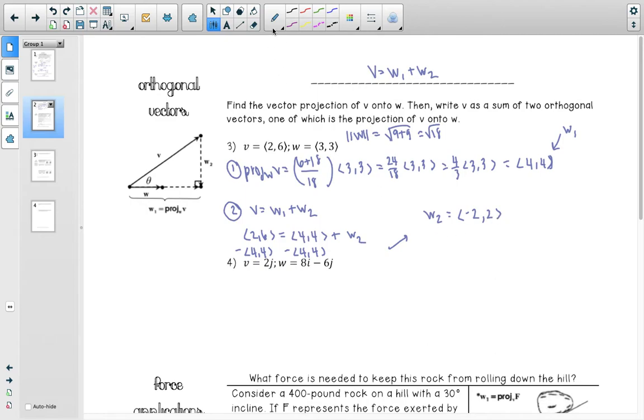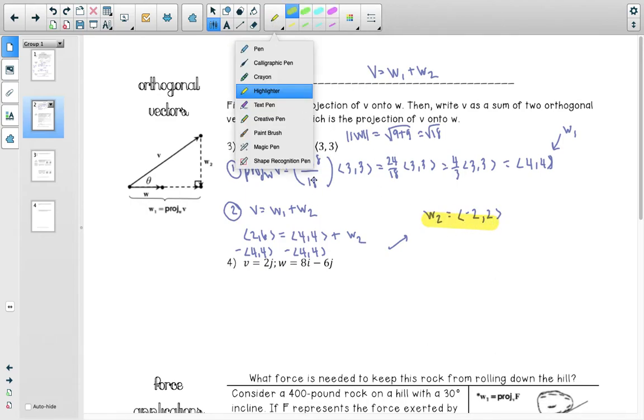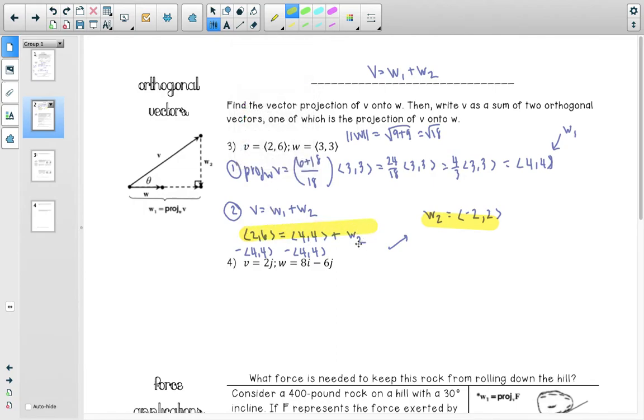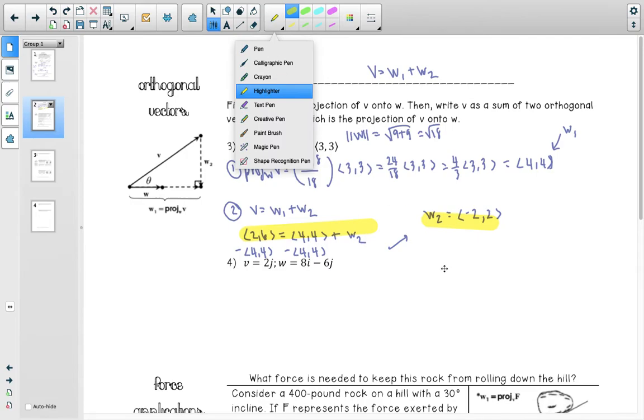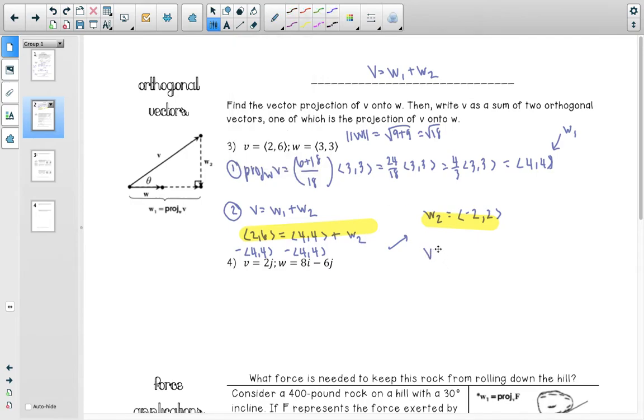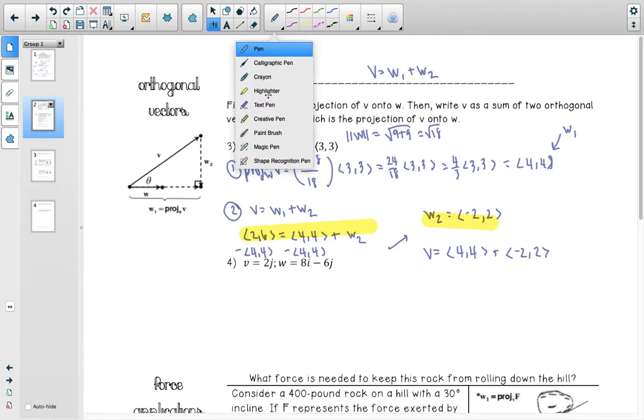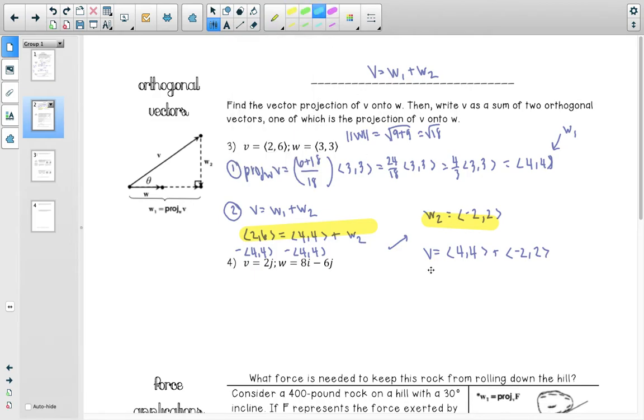But we need to write it in the form of the sum. So we just plug that W2 right into there. The answer I want is really V equals 4, 4 plus negative 2, 2. It's really, really easy. So that's your answer, okay?